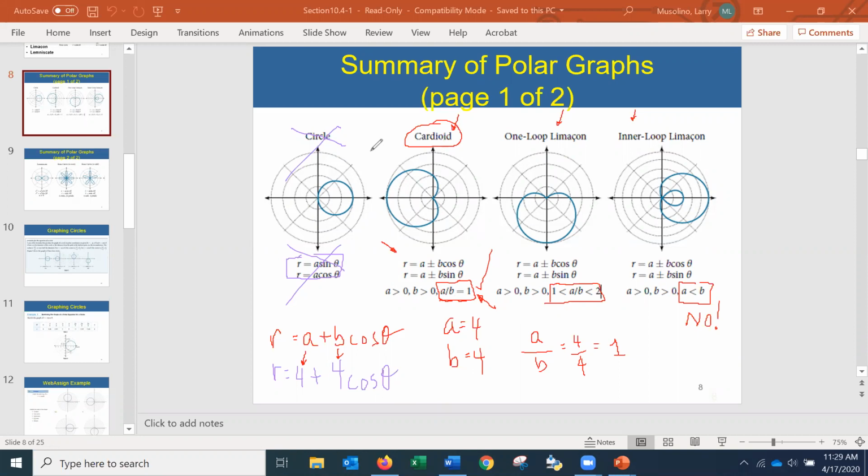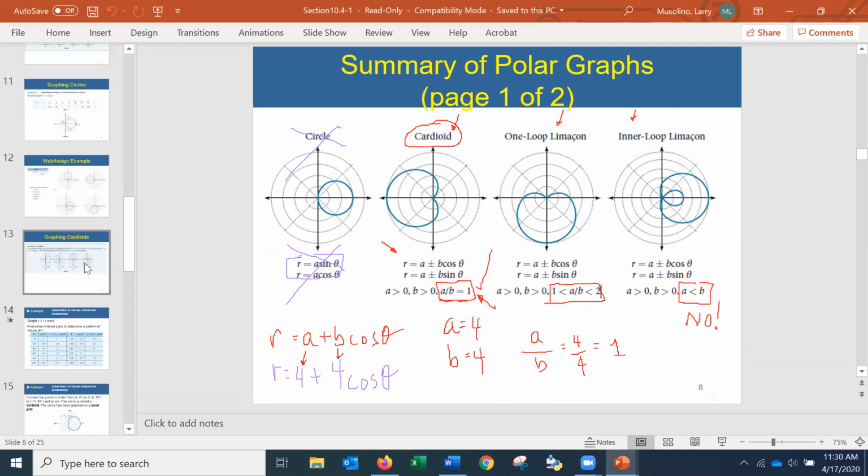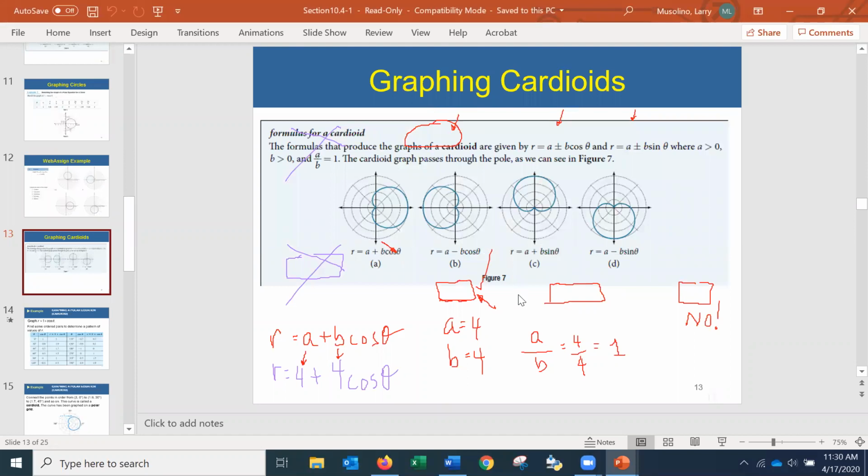But what does the cardioid look like? Now I go to the next slide on cardioids, which happens to be slide 13. Now I'm going to match up my equation to one of these four options.